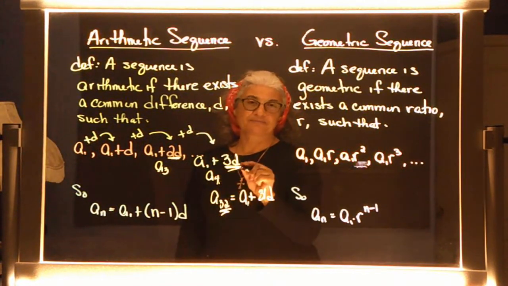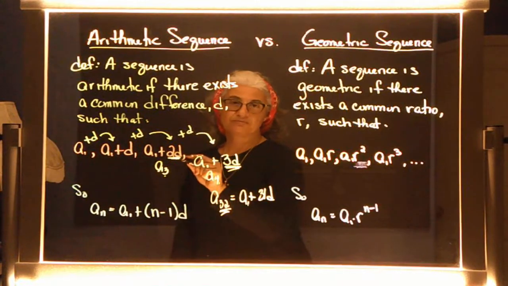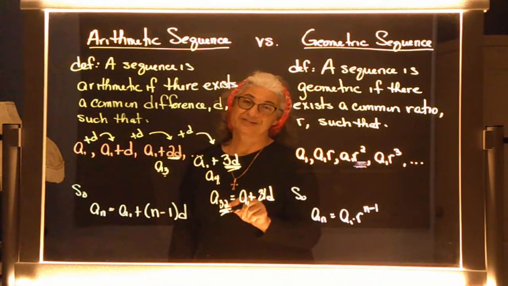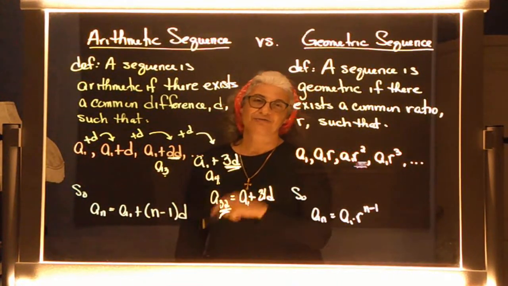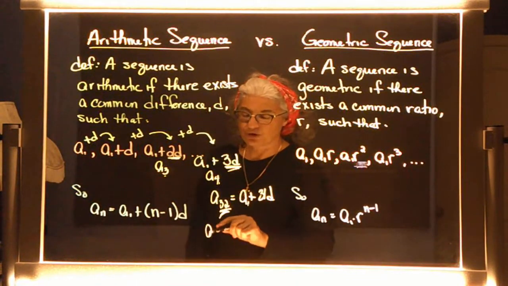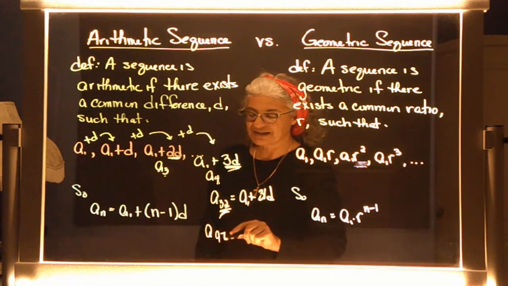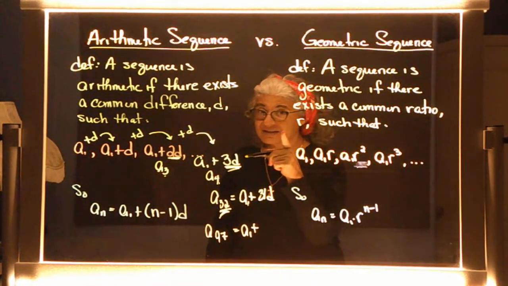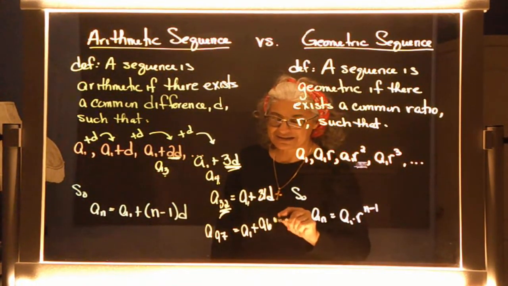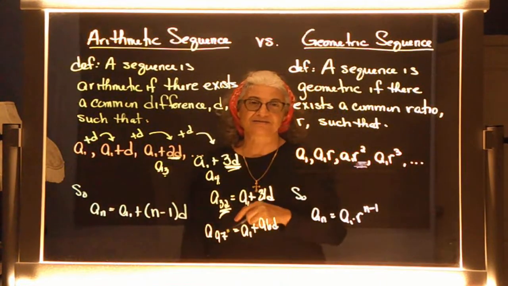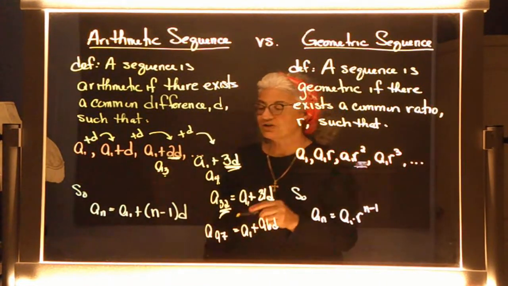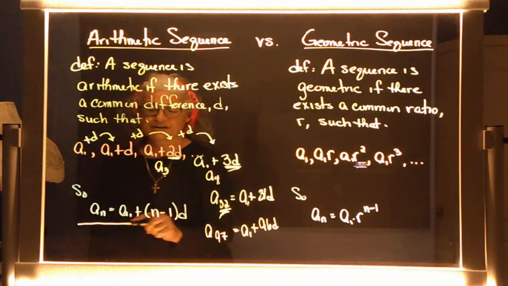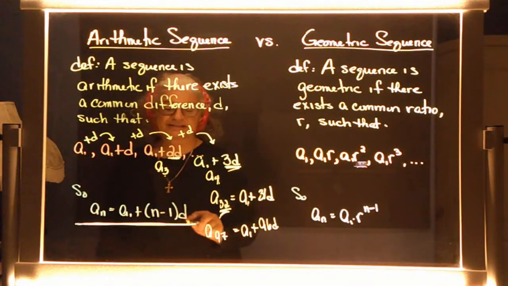Remember, fourth term, 3 d's. Third term, 2 d's, right? So 32nd term, there would be 31 d's. If I wanted the 97th term, then it would be a sub 1 plus, there you are, 96 d's, because you would have added 96 of them by the time you get there. So that comes up with the generic formula for an arithmetic sequence.